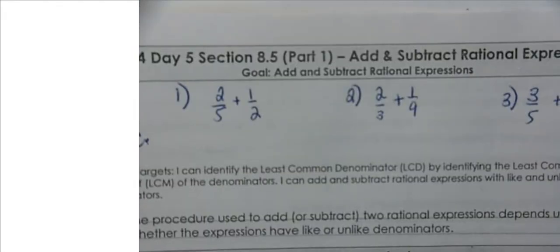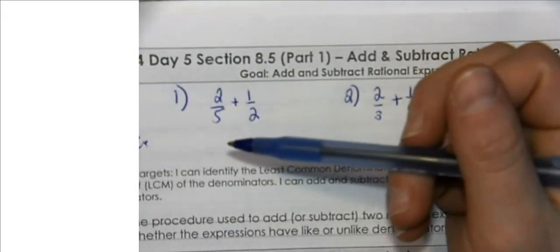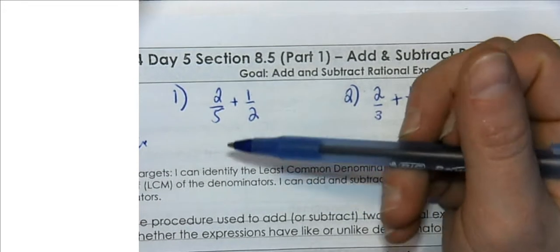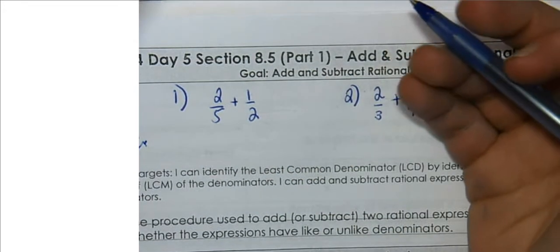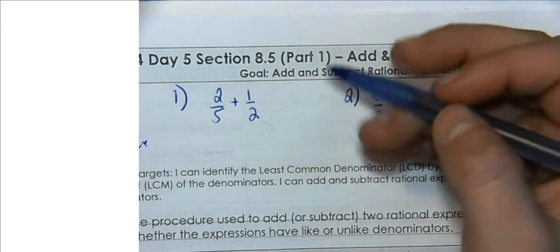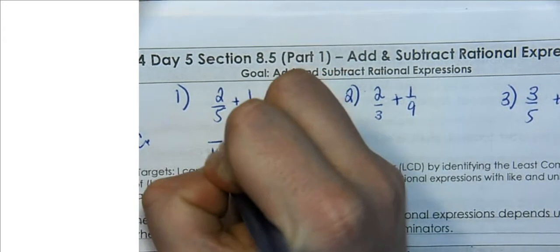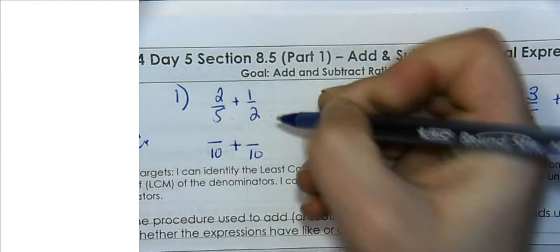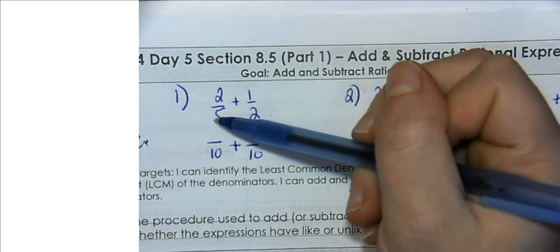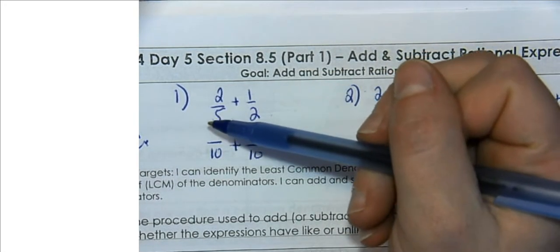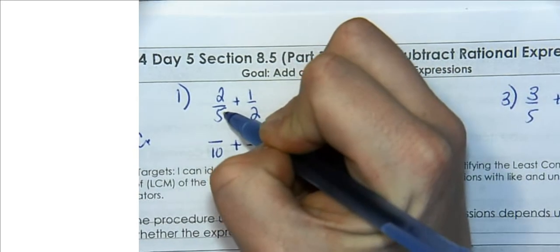So in this problem, we have 2/5 plus 1/2, and hopefully you found that the least common denominator between 2 and 5 is 10. And the way that you turn each of these denominators into a 10 is you multiply each fraction by the number 1 in a different form of what you need. So for example, we need to multiply 5 times the number 2 in order to make it a 10.